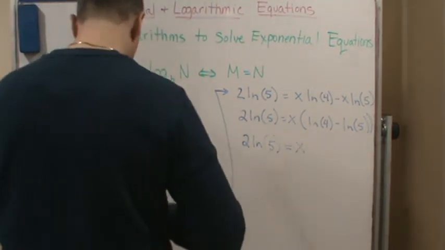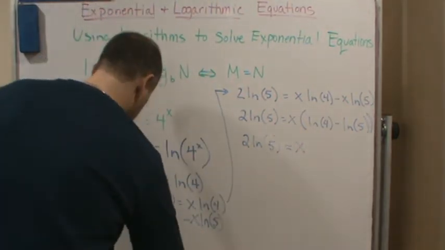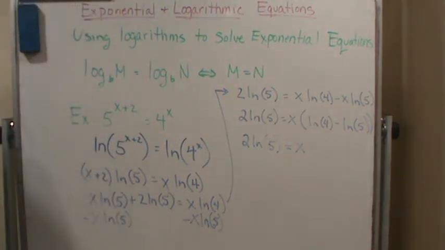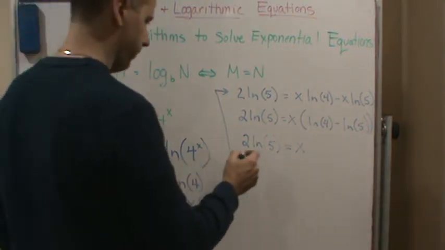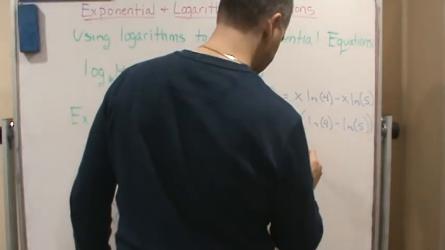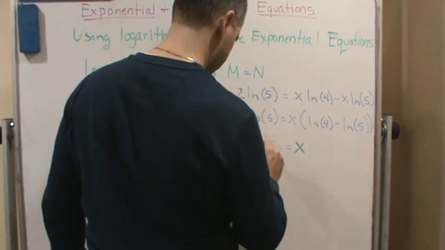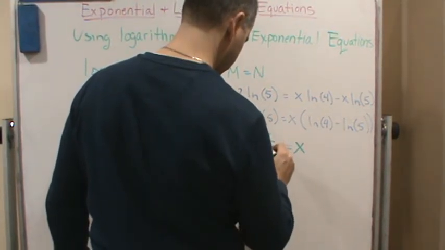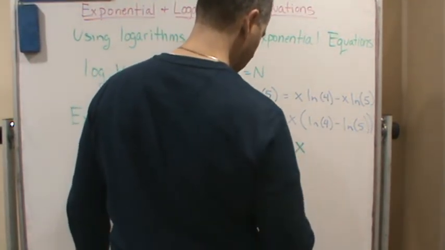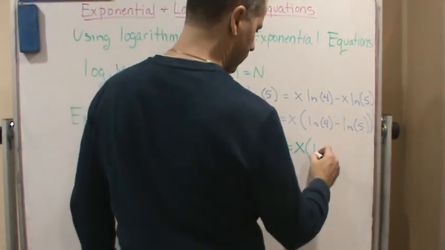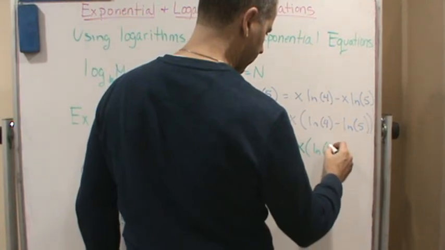So x times, and this becomes what? This becomes the natural log of 4/5.